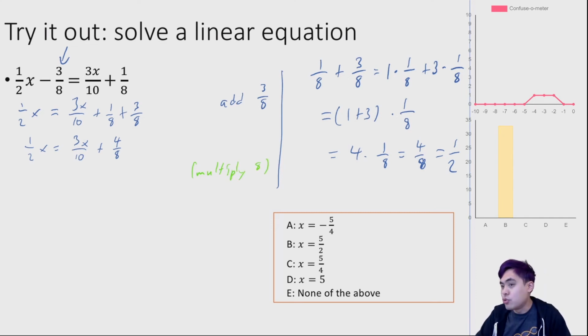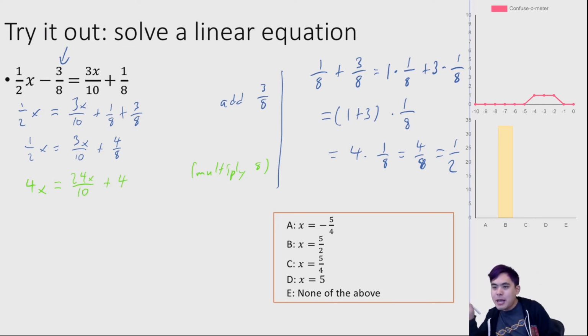It's 4, right? So you get 4x is equal to 24x divided by 10 plus 4. Maybe you do recognize that 24 over 10 is 12 over 5. So then you get 4x is equal to 12x over 5 plus 4.